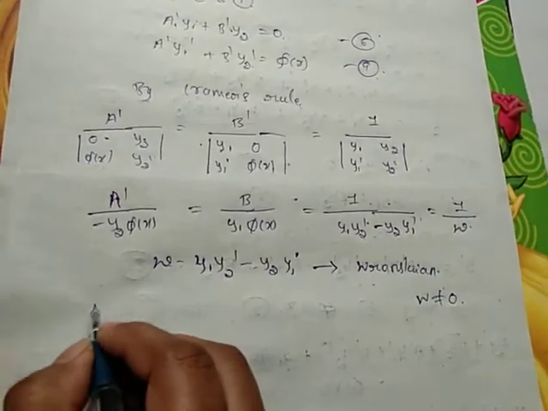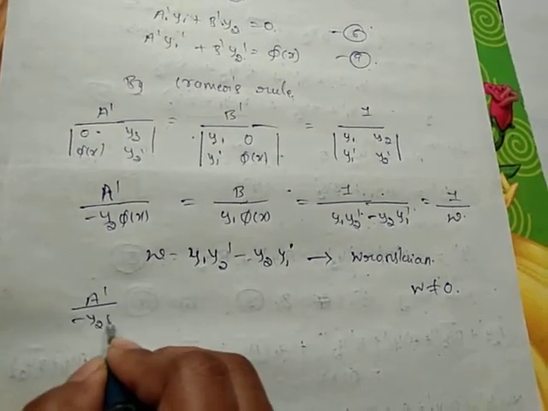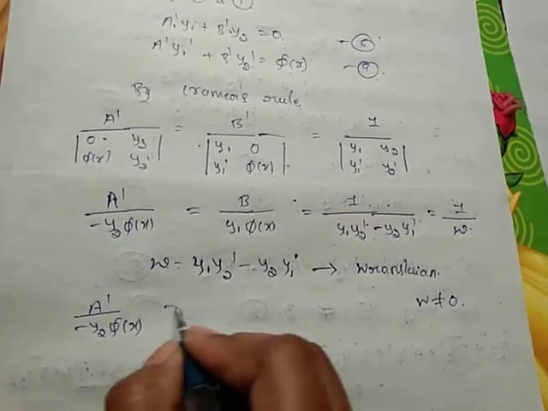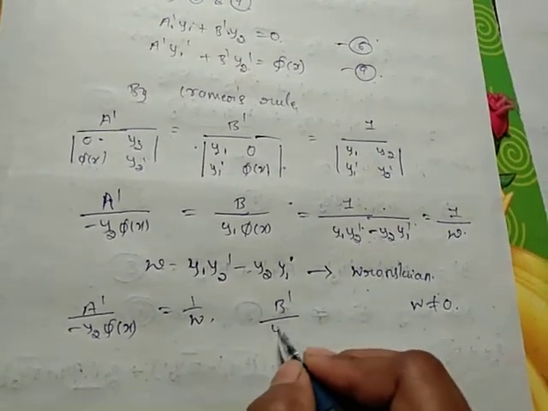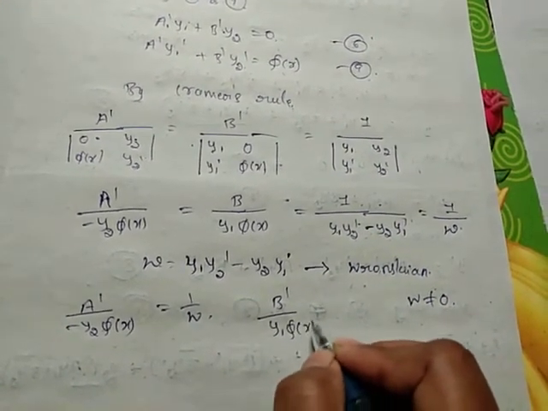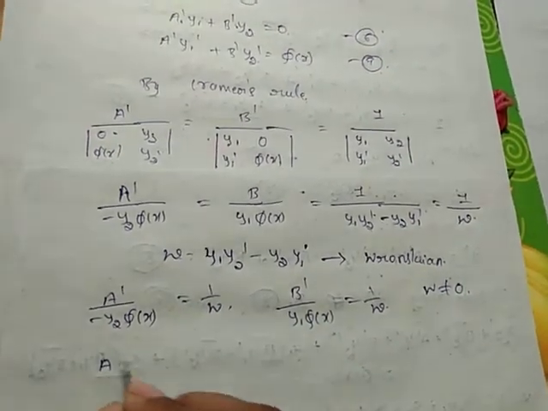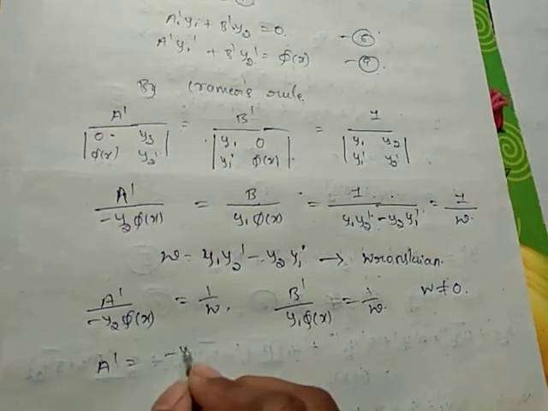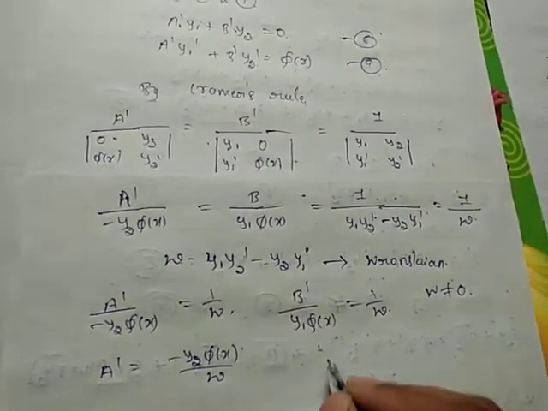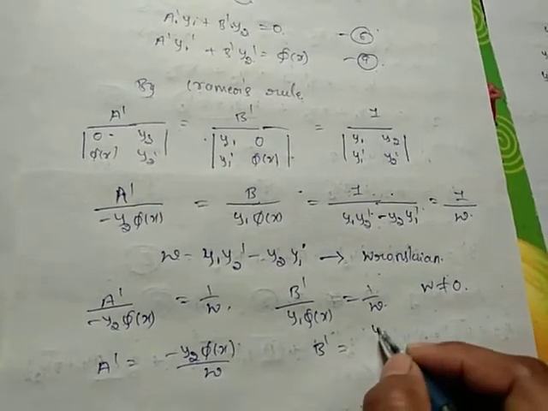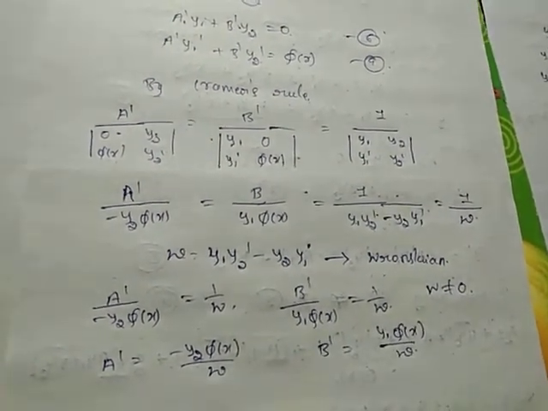Now equating, a dash divided by minus y2 xi of x is equal to 1 by w, and b dash divided by y1 xi of x is equal to 1 by w. Then a dash equals minus y2 xi of x divided by w, and b dash equals y1 xi of x divided by w.